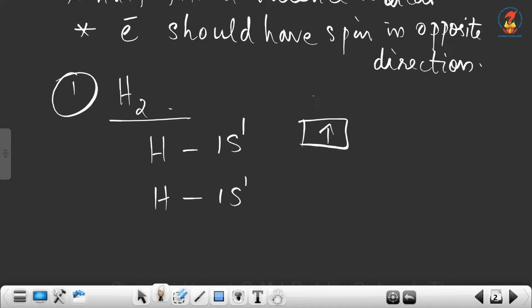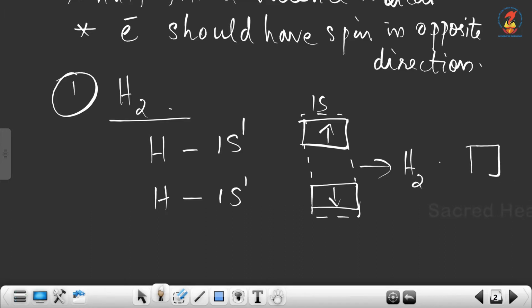So if you draw the orbital diagram, this is the orbital diagram for hydrogen. For the second hydrogen, we can show the electron spin in opposite direction because the 1s orbital is half filled. So they can overlap, these are the valence orbitals which overlap, and this will give rise to H2 molecule whose configuration will be 1s2.